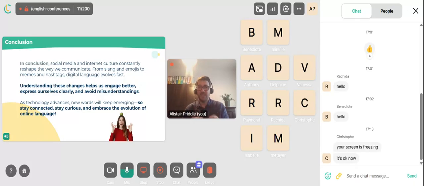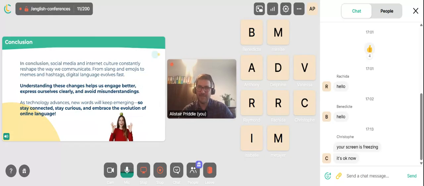Understanding these changes helps us engage better, express ourselves clearly, and avoid misunderstandings. As technology advances, new words will keep emerging. So, stay connected, stay curious, and embrace the evolution of online language.